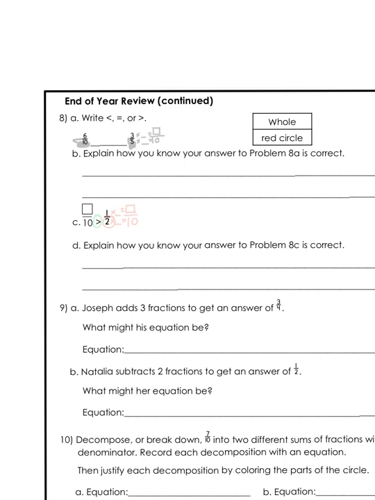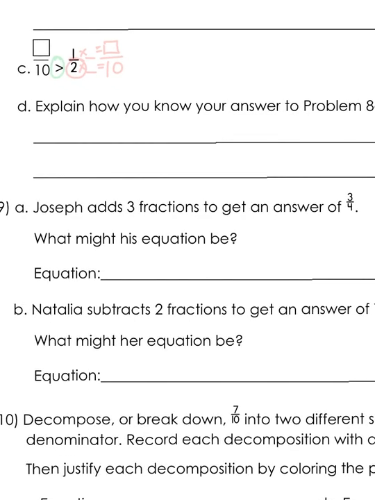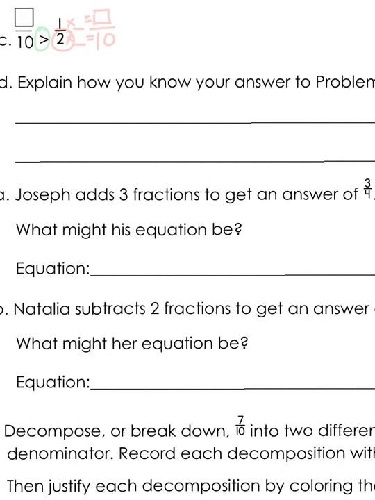Number 9a says Joseph adds 3 fractions to get an answer of 3/4. What might his equation be? So I need to add 3 fractions together that would equal 3/4.